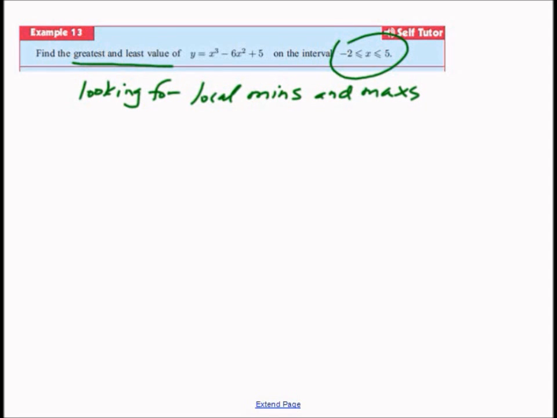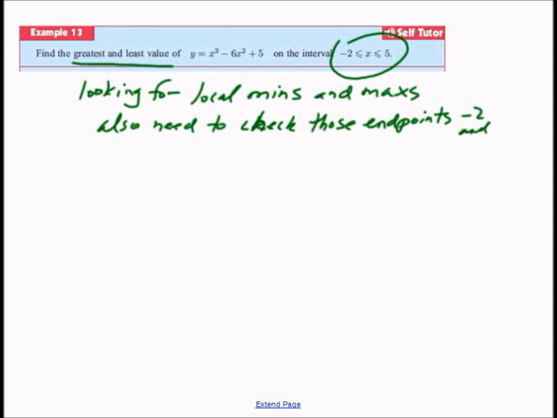But because we're looking at this interval, we also need to check those endpoints, in case they are smaller or bigger than our local mins or maxes. x equals -2 and x equals 5.